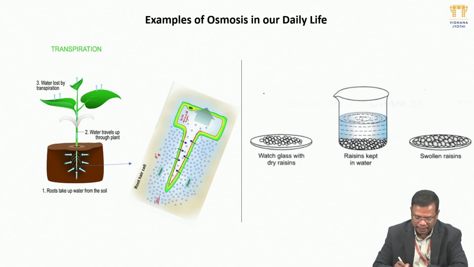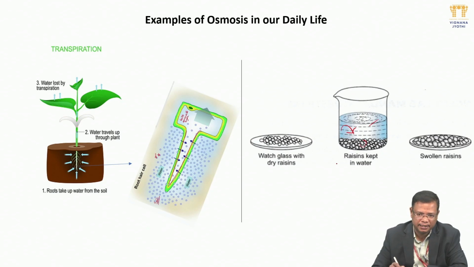And one more example is raisins. If you put dry raisins in water on a watch glass, the dry raisins will be swollen after some time. Why? Because the membrane, the surface of the wrinkled dry raisins, will take water molecules into the inside of the raisin. Why?